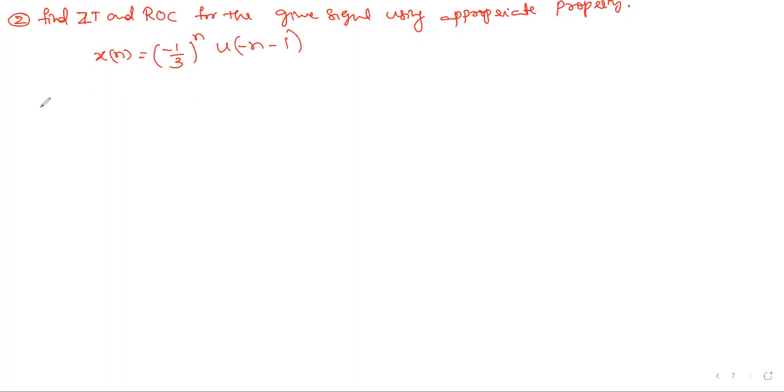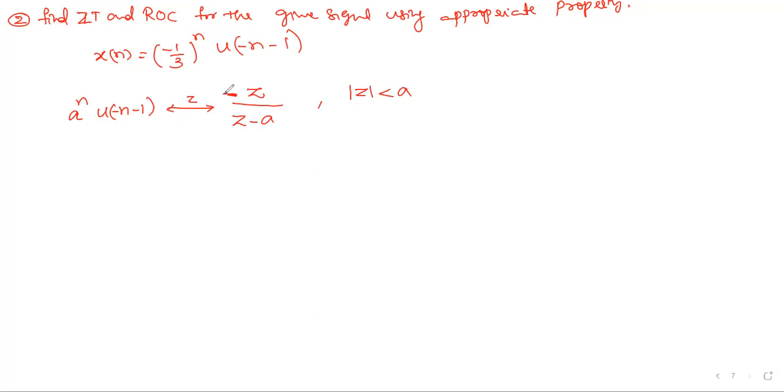Now, first you need to see whether there is any standard signal. Yes, there is a standard signal, that is a power n u of minus n minus 1. What is the Z transform? Z transform is minus z by z minus a, and the ROC is mod z less than a.